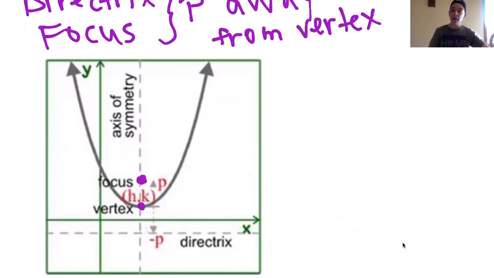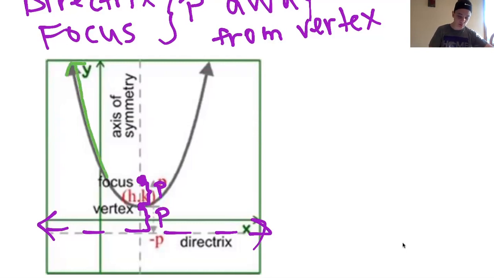Then the other direction, you're going to count P. So here we went P inside. Then we're going to go P outside to draw our directrix. Then once you have that all figured out, you can draw in your parabola.